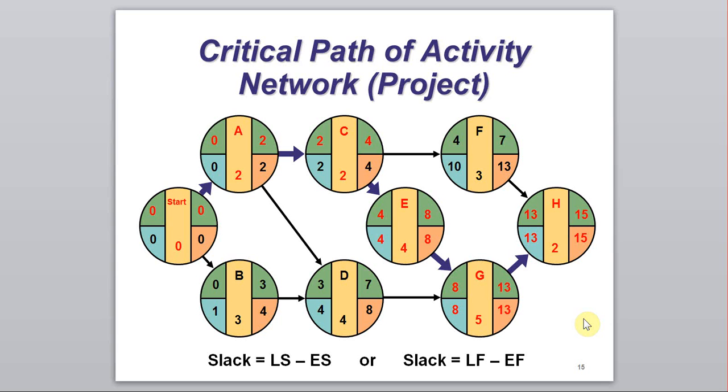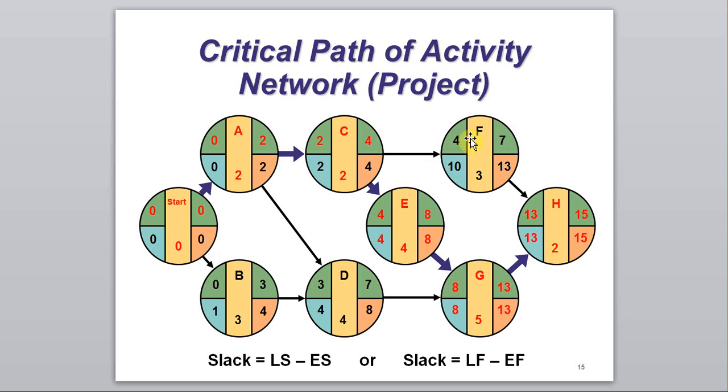As shown in this example, activities A, C, E, G, H have a slack time of 0 because they have the same early start time and latest start time, and the same earliest finish time and latest finish time.